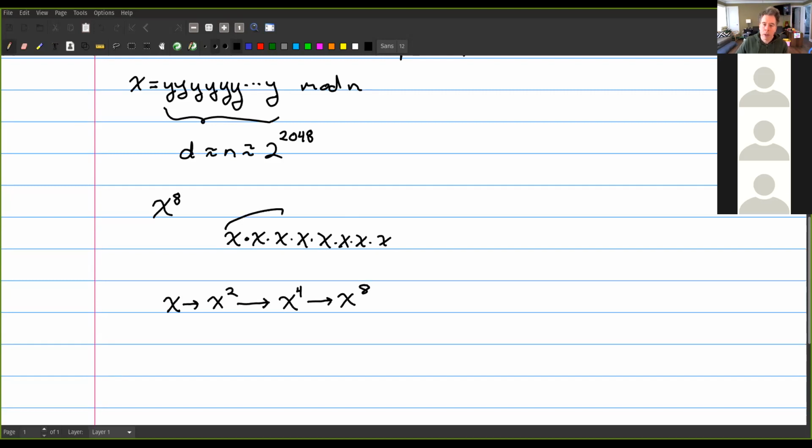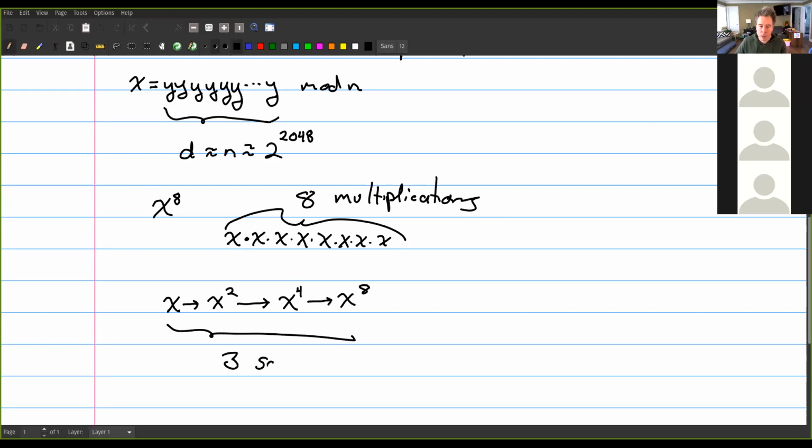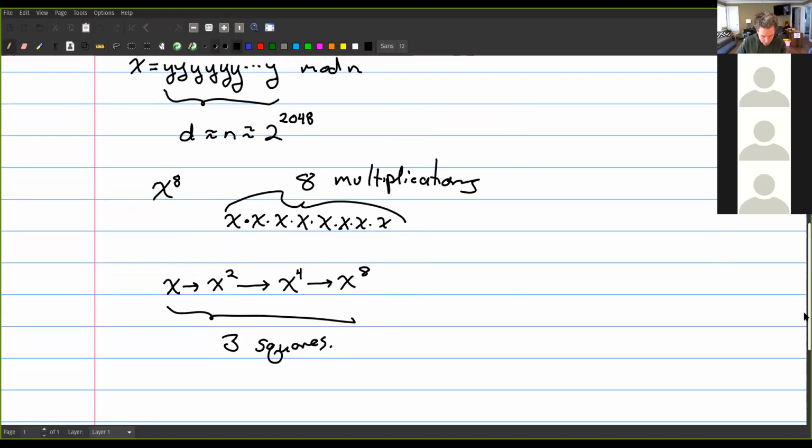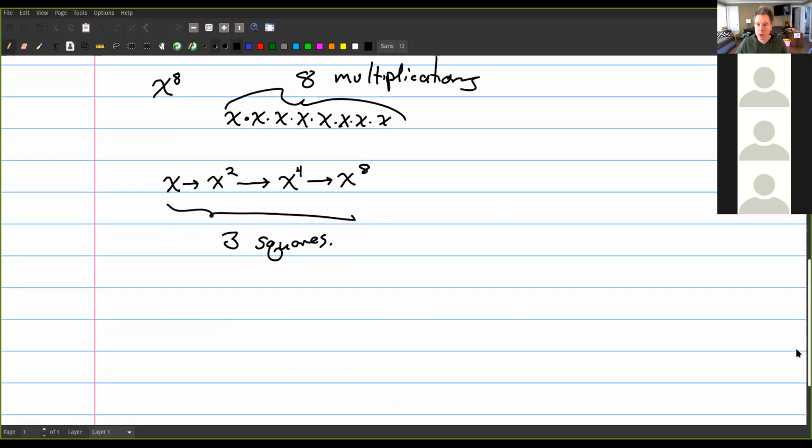So this way we just did 1, 2, 3 squares. Okay, so obviously the squaring method was much more efficient.